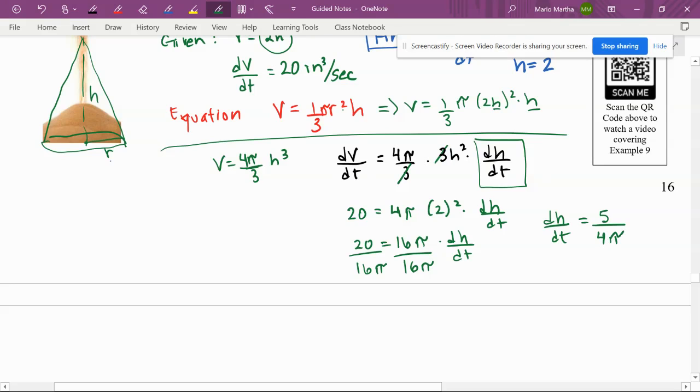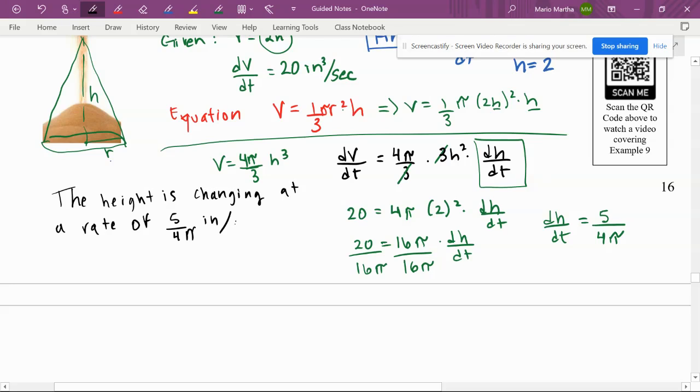So we can say that the height, right? We want to write a statement. The height is changing at a rate of 5 over 4 pi inches per second.